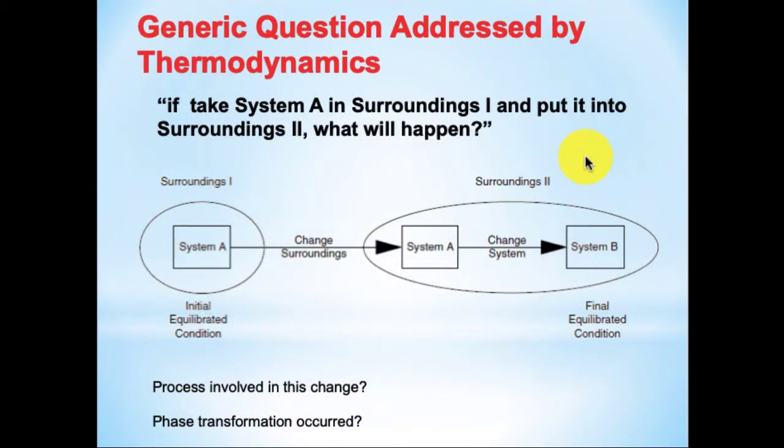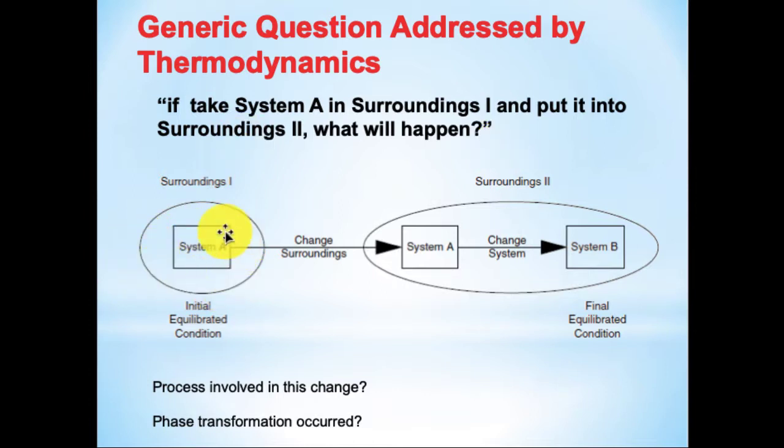This is the example of one of the generic questions addressed by thermodynamics. The example is, if you take system A in surroundings 1 and put it into surroundings 2, what will happen? So the rudimentary thermodynamic concepts implicit in this question include the system, which is the collection of matter whose behavior is the focus of the question.